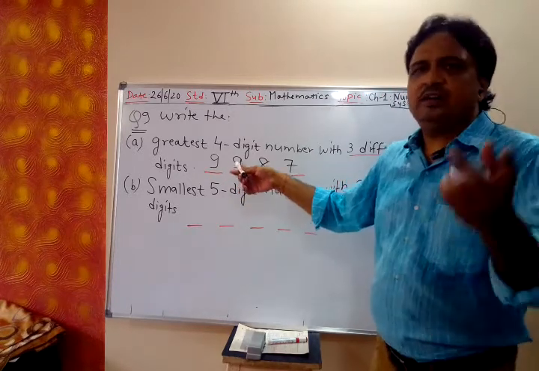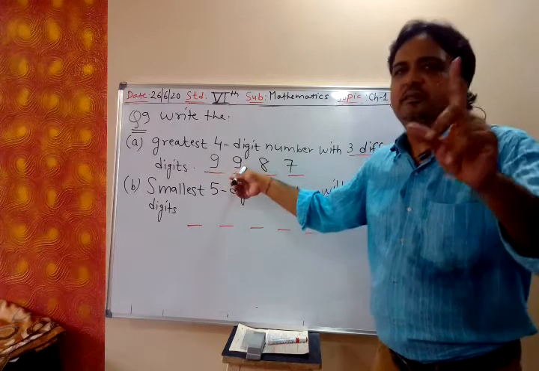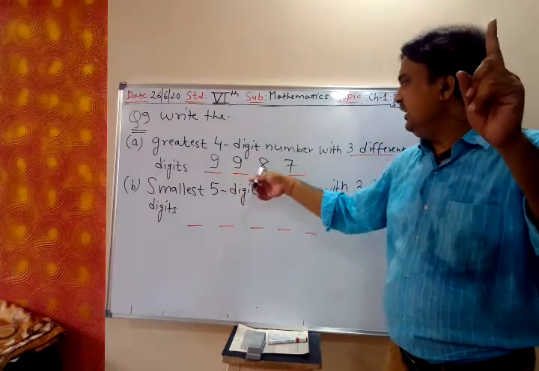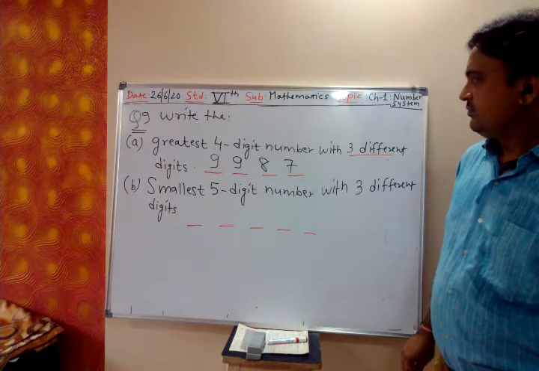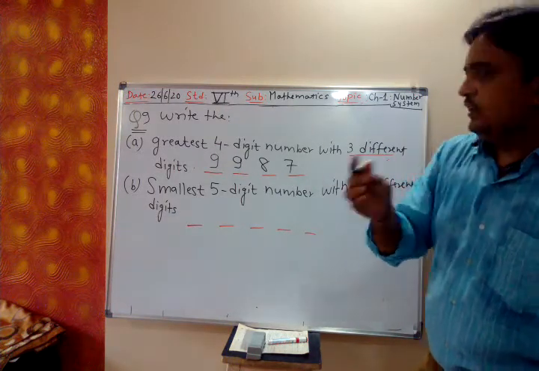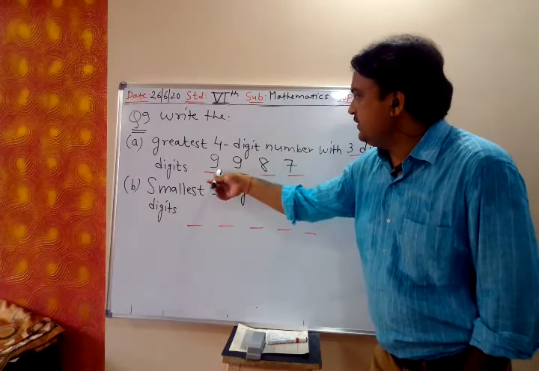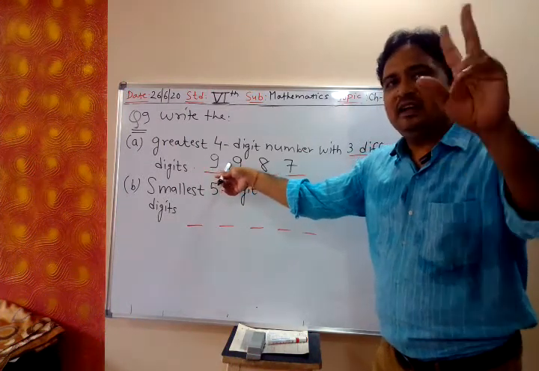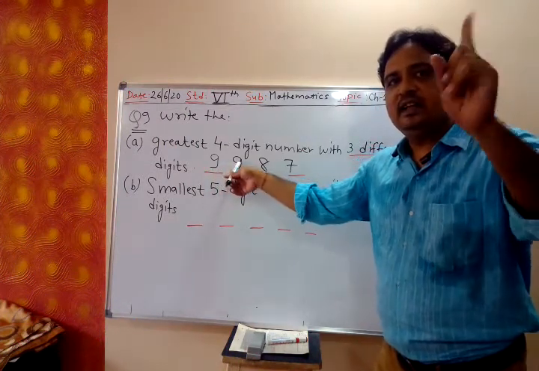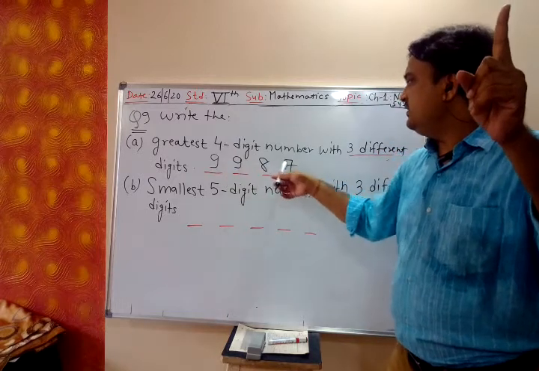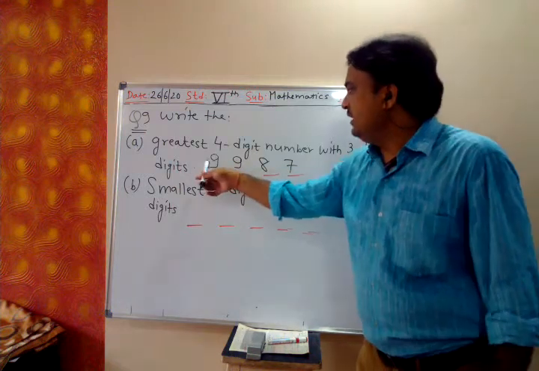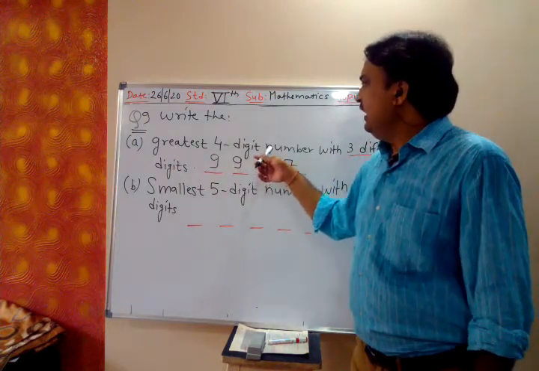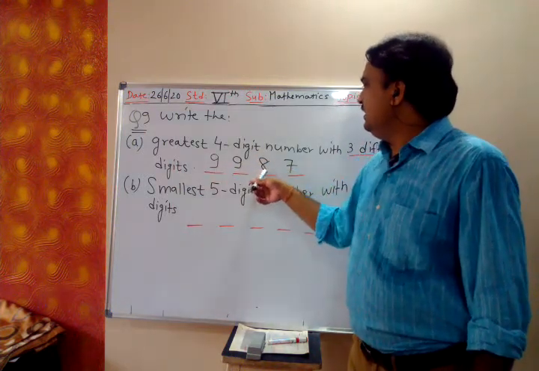What are the different digits? 9 means 1 digit. 9, 8, 7. 3 digits are there. Even though these two are same, which digit is there? 9 is there in both. So 9, 8, 7. There are 3 different digits. And the 4-digit number will be 9, 9, 8, 7.